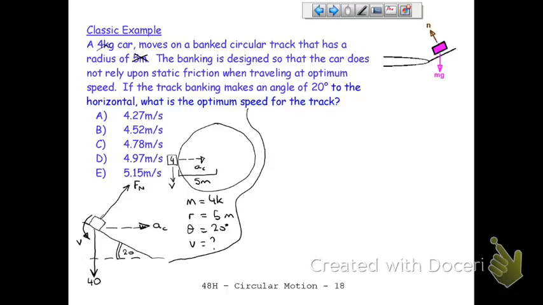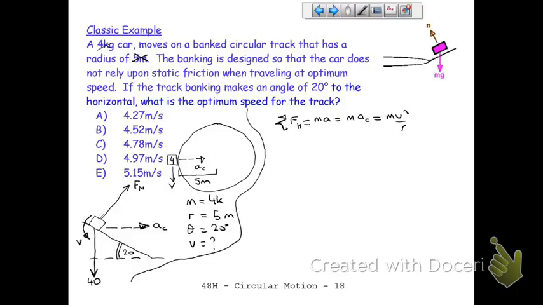The sum of the forces: the acceleration is horizontal. It's a horizontal circle, so the acceleration is horizontal towards the middle of it. The sum of the forces is equal to ma, which equals m times centripetal acceleration, which equals mv squared over r.